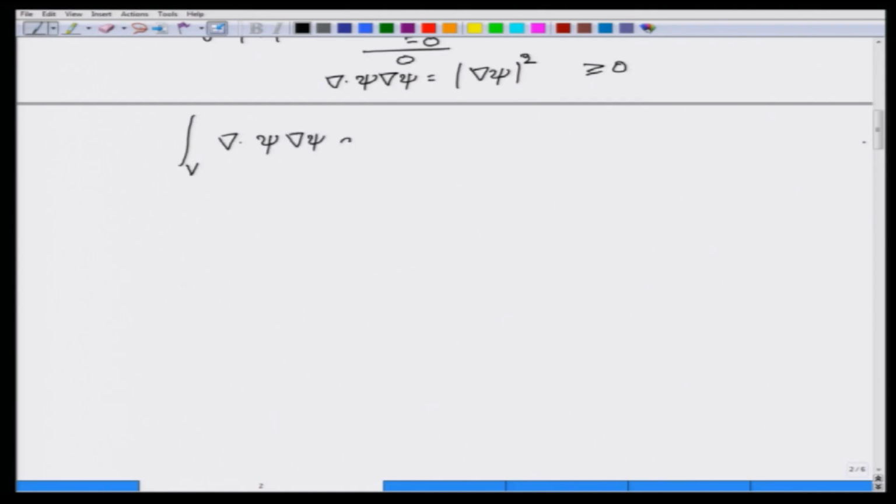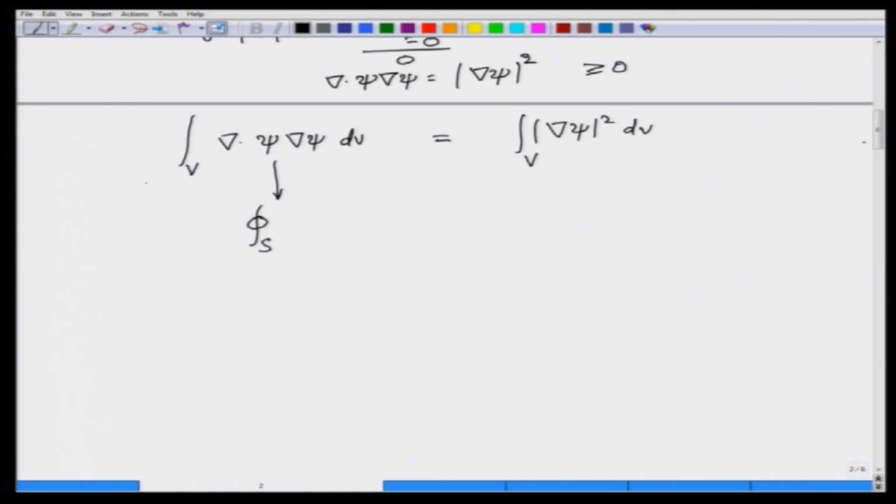On the right hand side, I am integrating the quantity magnitude of gradient psi squared dV over the volume V. Now, I know Gauss's divergence theorem, which allows me to convert an integral of this nature into a surface integral, except that the surface has to be closed.